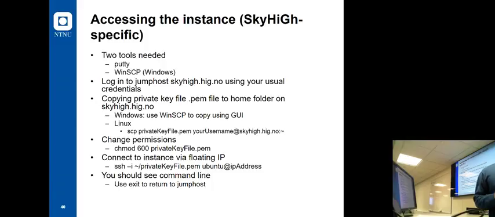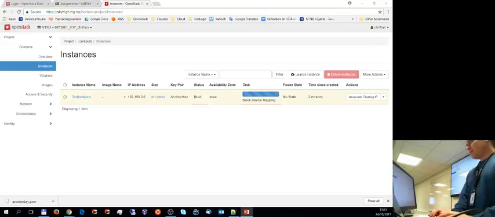So you will not be able to directly access the VMs from the NTNU network, because they sit in their own private network or own subnet. They are only accessible via SkyHigh itself. It serves as a jump host. There are ways around it, but technically we need to use it for now. So what all of you will actually have is hopefully a login to SkyHigh.